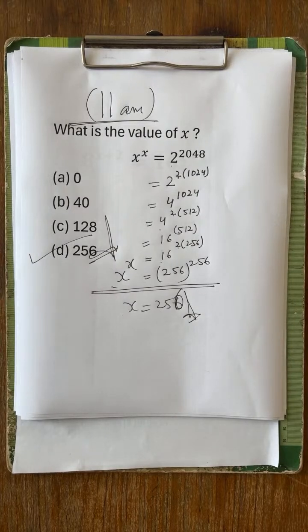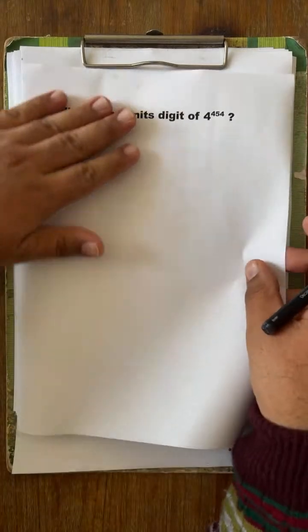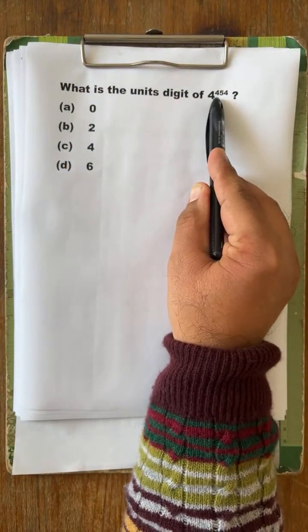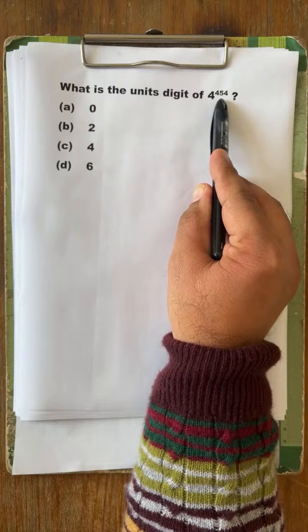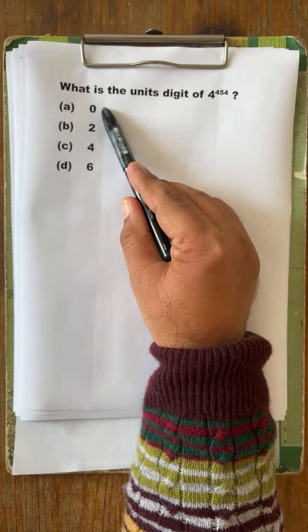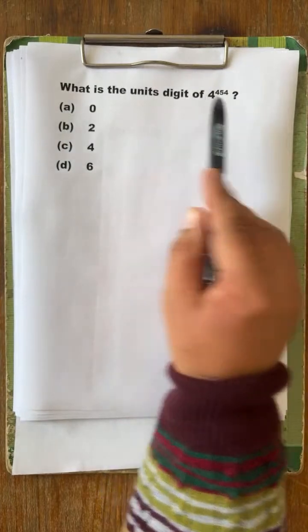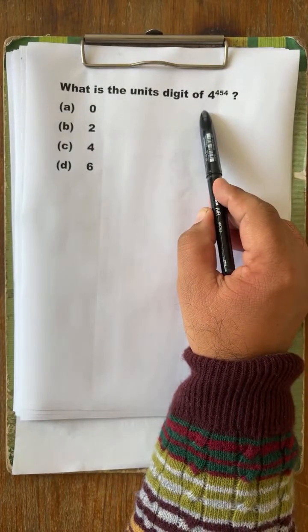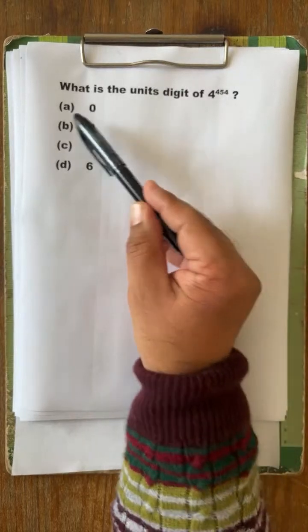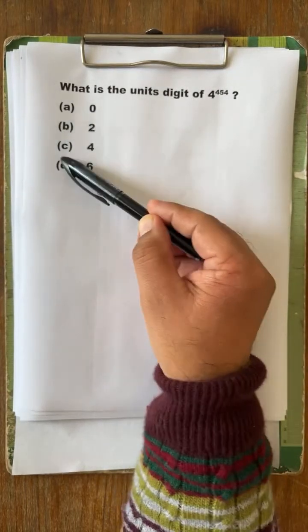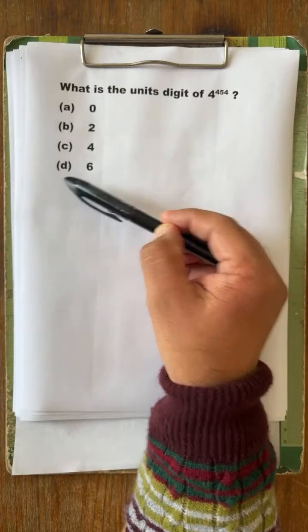Now this question is for homework. What is the unit digit of 4 power 454? Options are A 0, B 2, C 4 and D 6.